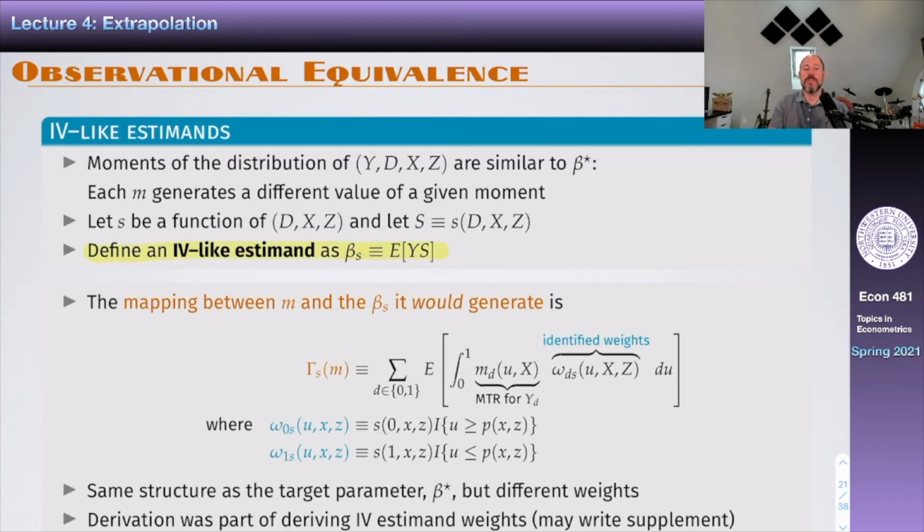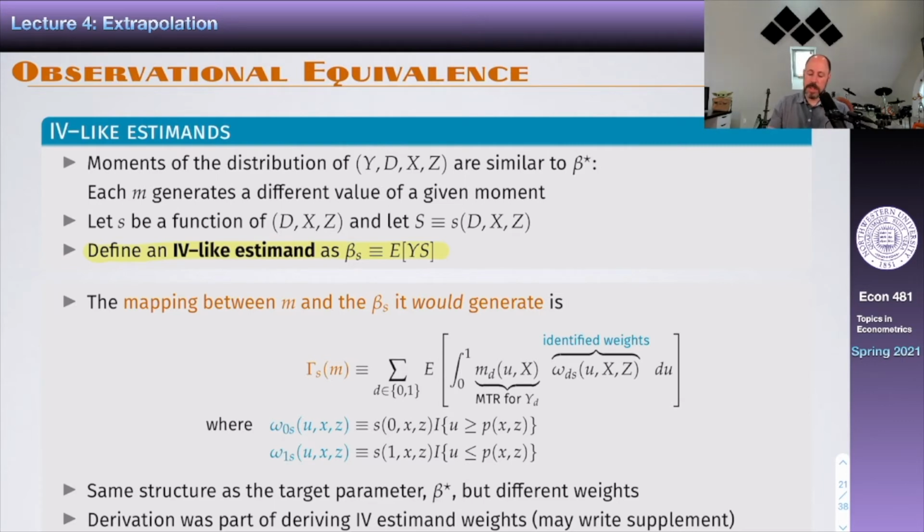It's going to be beta s, the expected value of y times s. The idea here is that if you just look at, for example, IV, least squares and these things, they typically take this form. Think about least squares, x prime x inverse x prime y. Then all these first things, functions of x, are just going to be s in this notation.